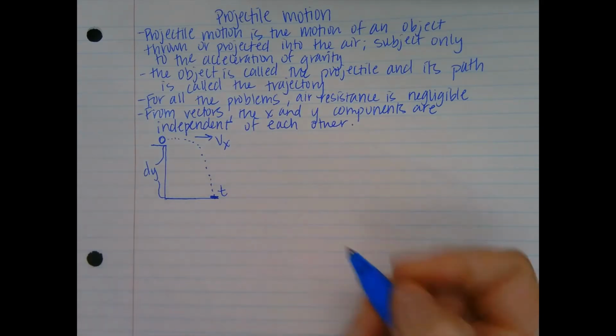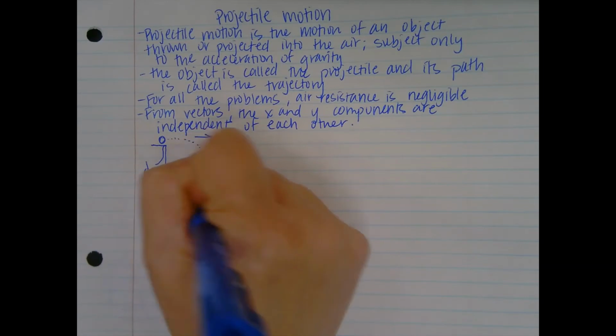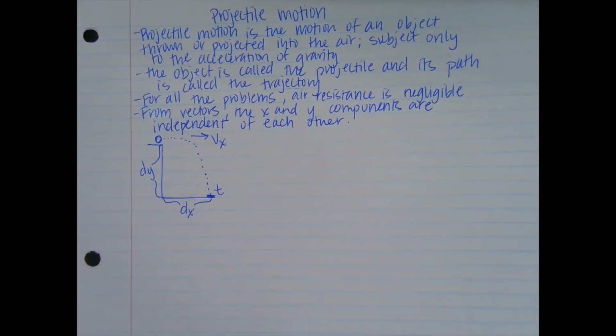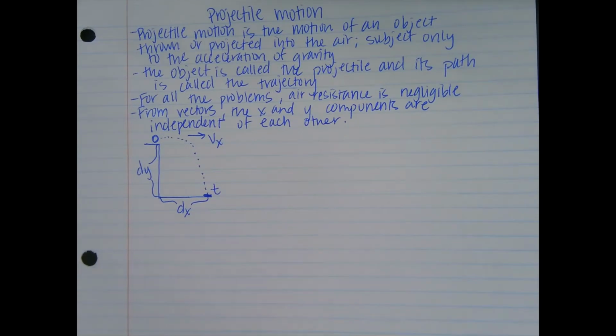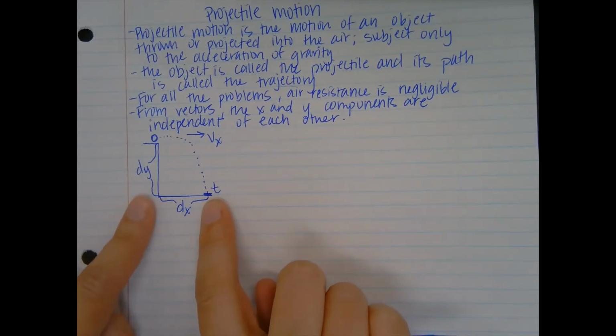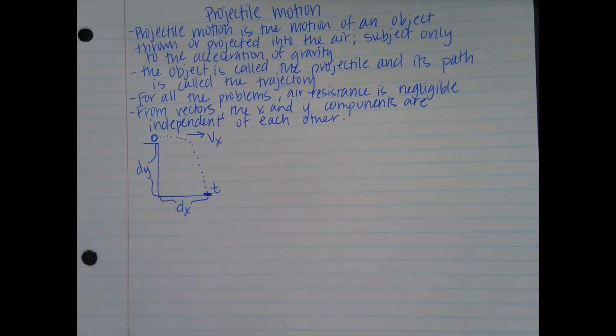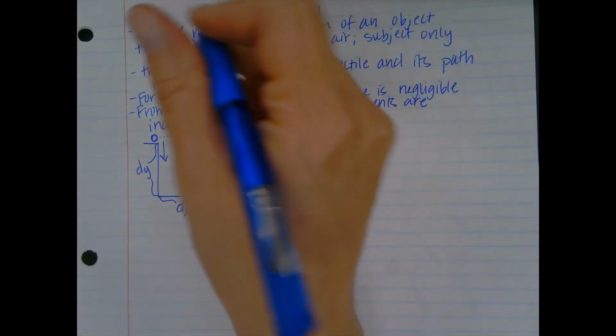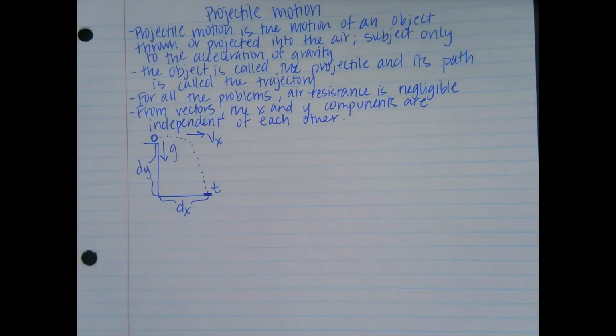The distance that it travels in the x direction is called the range, and dx. So we're going to label that dx, which is our distance or displacement in the x direction. So this is how far that projectile will land away from the edge of that cliff or hill or whatever it was fired from. And then lastly, what pulls it down to the earth? Gravity. So we've got gravity here also.